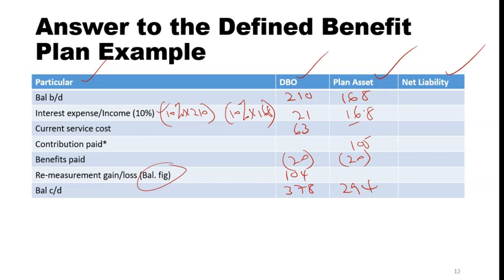Okay, so we've got a positive 104. All right, and this positive simply suggests that there has been an increase in the defined benefit obligation. Okay, so what does this figure mean? Okay, an increase in the defined benefit obligation is actually a loss. Okay, it is a loss to us because it is an increase in a liability.